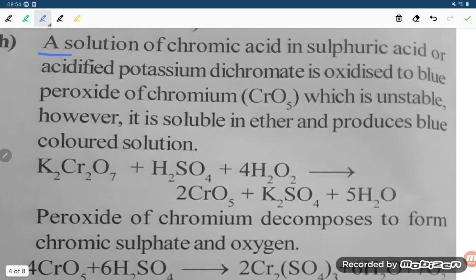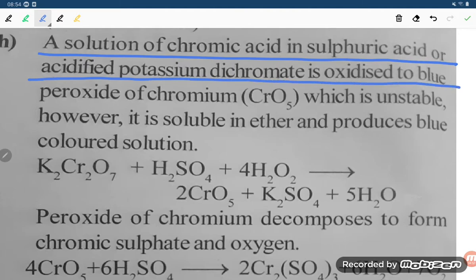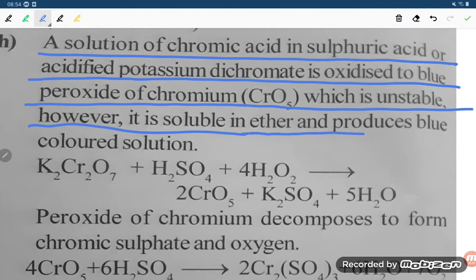Next point: a solution of chromic acid in sulfuric acid, or acidified potassium dichromate, is oxidized to the blue peroxide of chromium, CrO5, which is unstable.